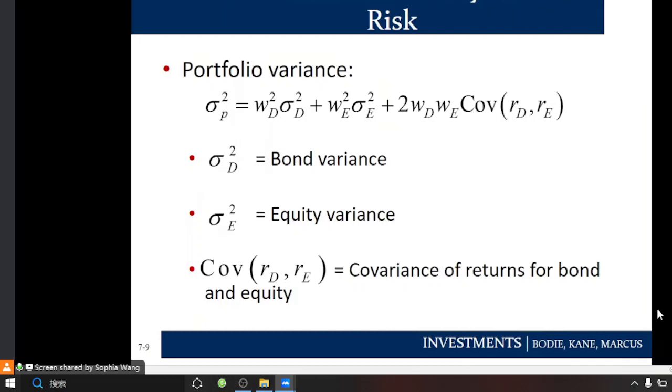That means you should consider this function and calculate it based on the covariance of the bond and equity returns. Based on this data, we can calculate the bond variance, the equity variance, and the covariance of returns for bonds and equity.